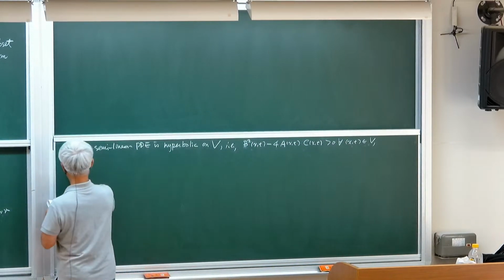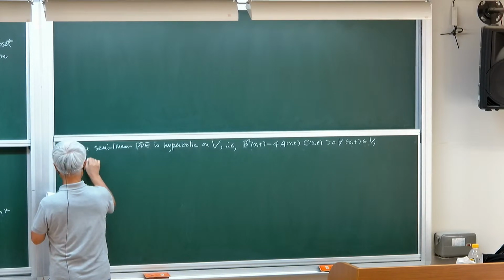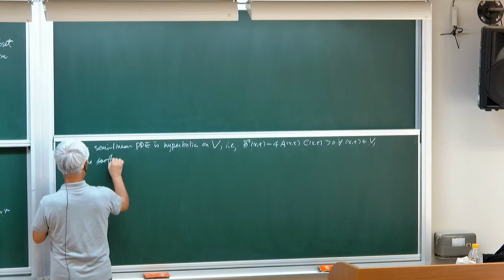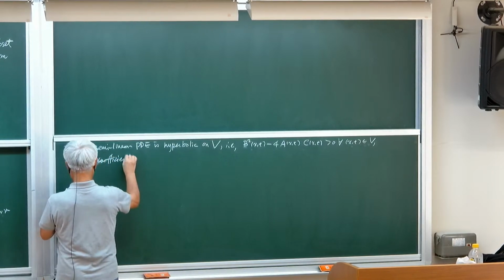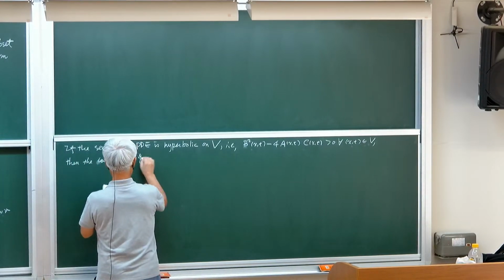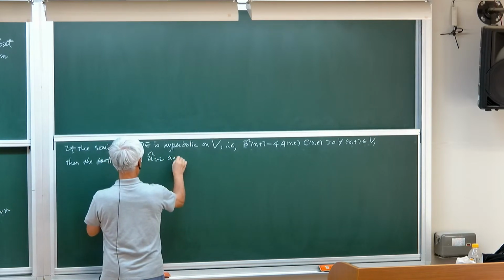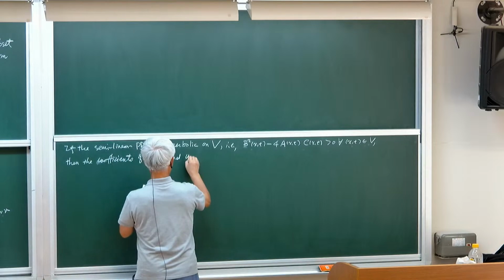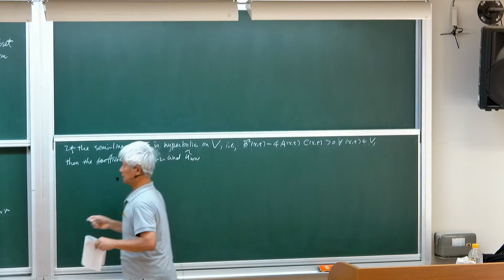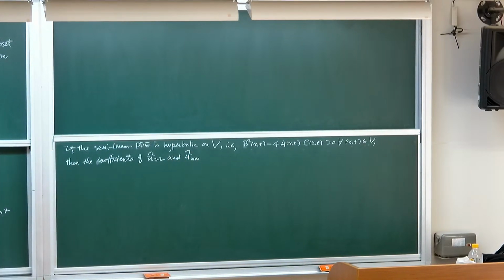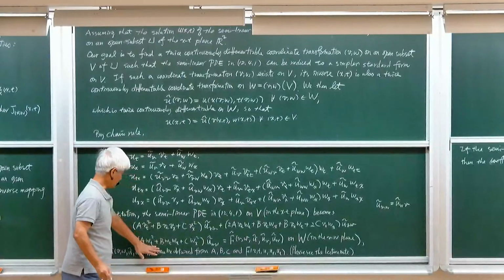Then the coefficients of U tilde VV and U tilde WW, so there are two, this one and this one.